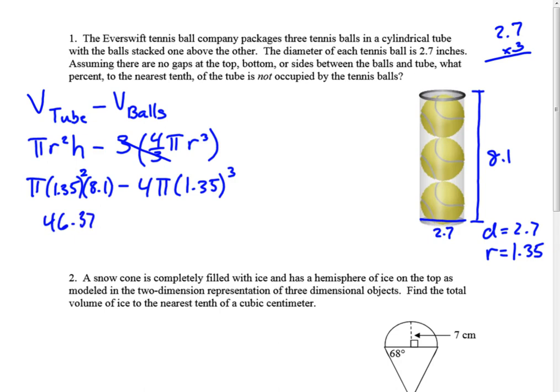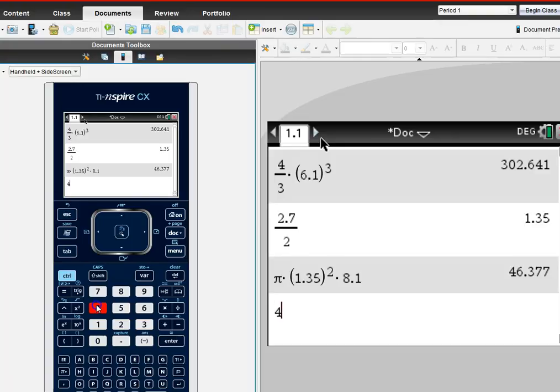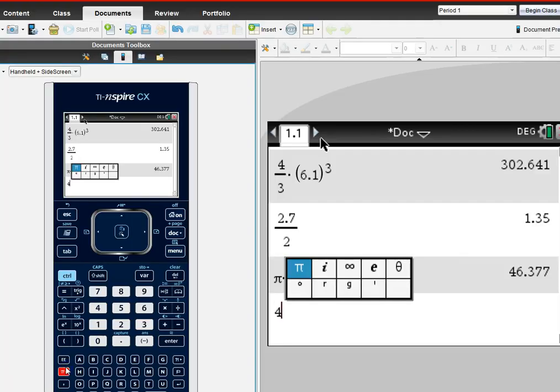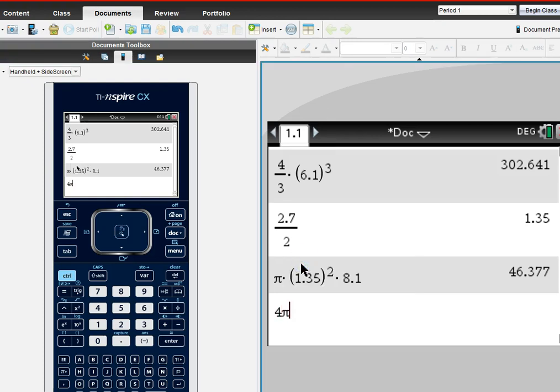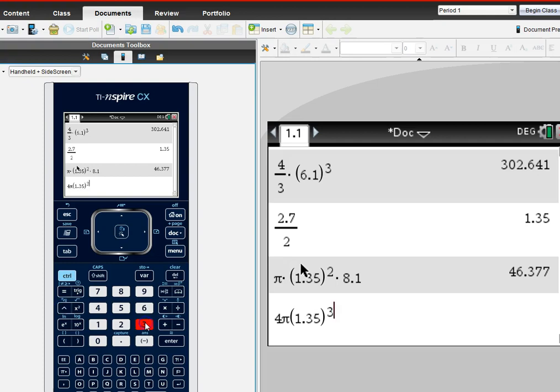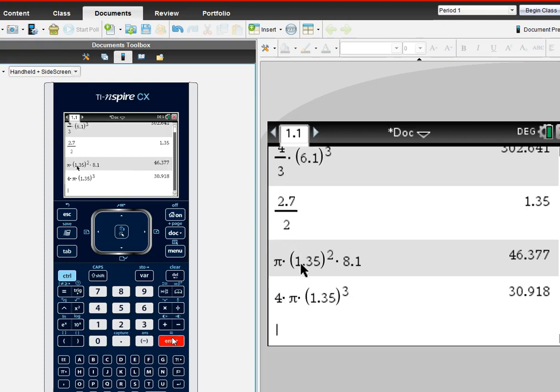And then we've got 4 pi times 1.35 cubed, which is 30.918.